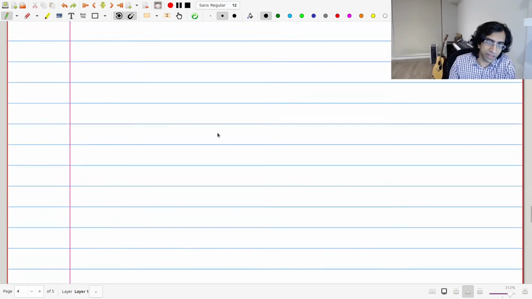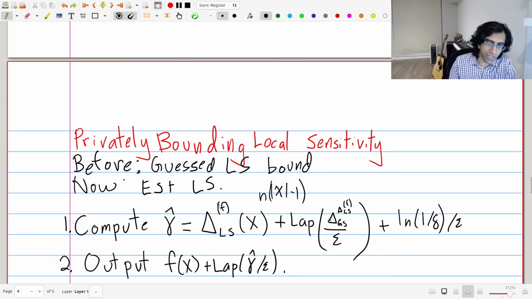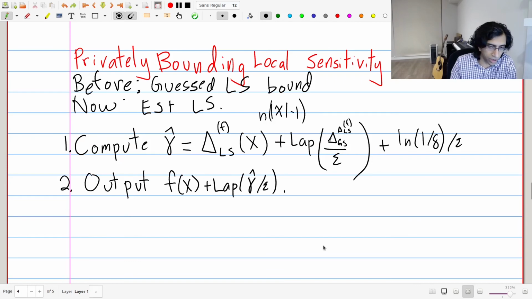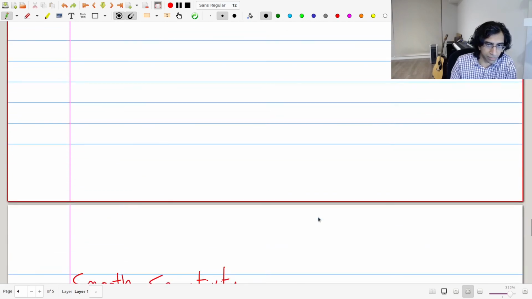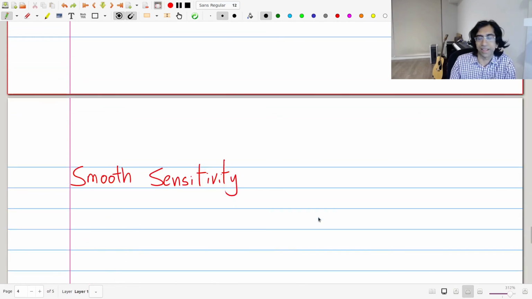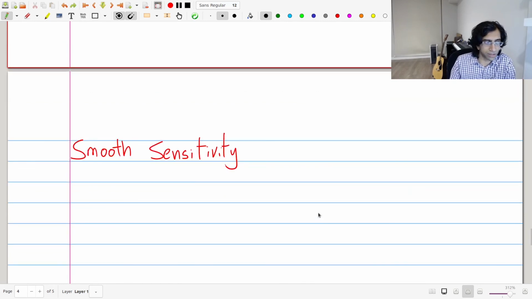What we did here was we said, okay, the local sensitivity may be able to grow as we go further and further away from x. We just have to say that it's not growing too fast. And that's true of this and the algorithm we're about to talk about. We essentially want to bound the rate at which the sensitivity can increase.